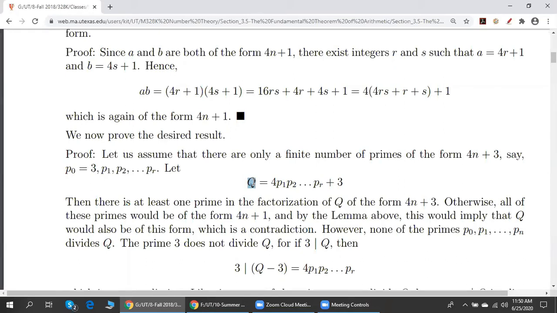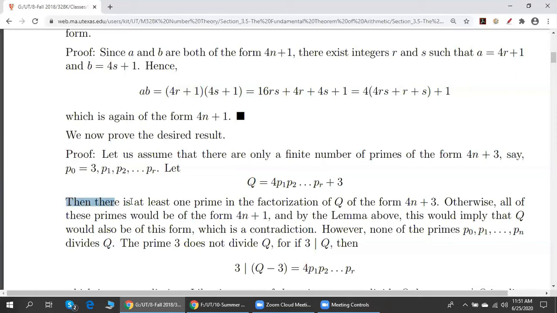It is of the form 4n plus 1 or of the form 4n plus 3, because any factor of Q cannot be of the form 4n or 4n plus 2. Do you understand what I'm talking about? Yes, thank you. So, once again, any factor of Q is either of the form 4n plus 1 or of the form 4n plus 3.